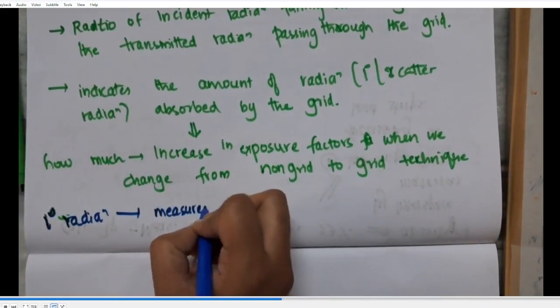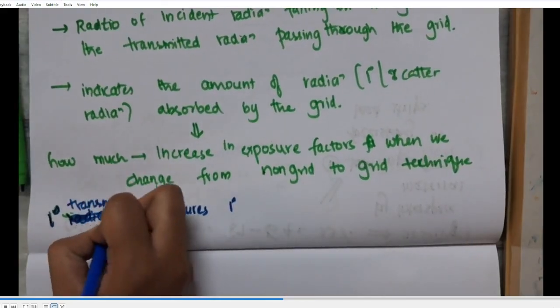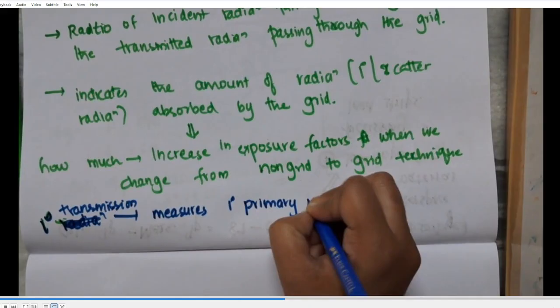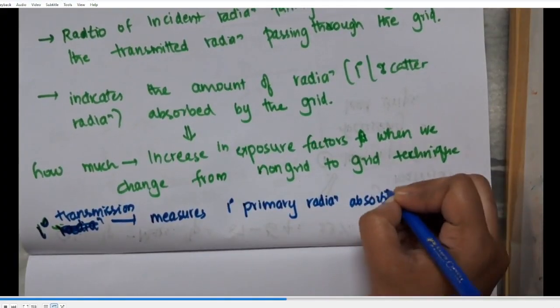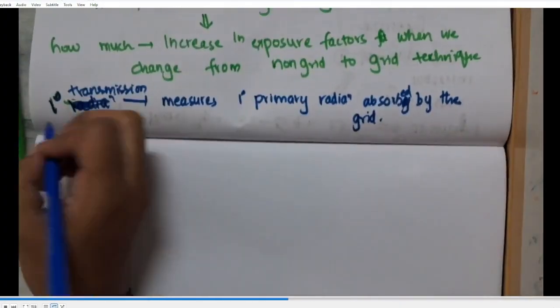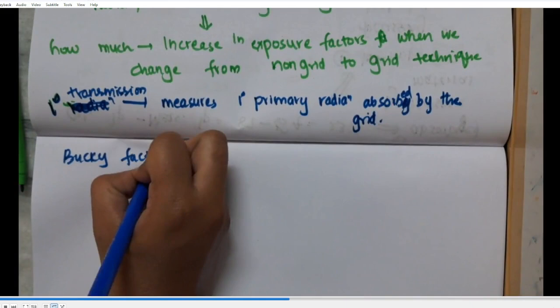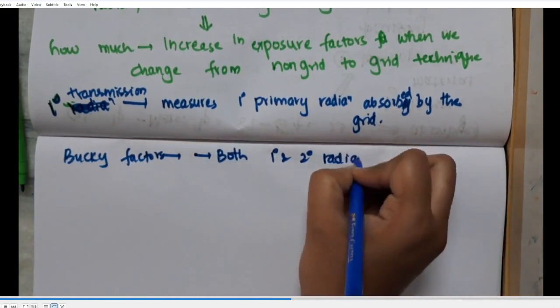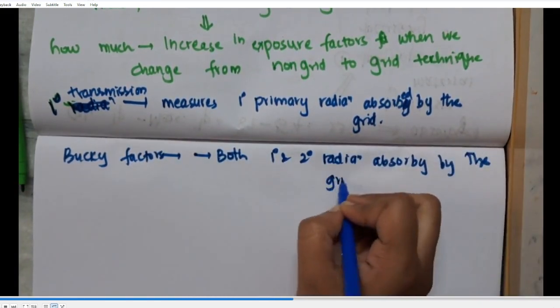The Bucky factor is almost similar to primary transmission except for one difference. Primary transmission indicates mainly the amount of primary radiation absorbed by the grid, whereas the Bucky factor indicates the absorption of both primary and secondary radiation.